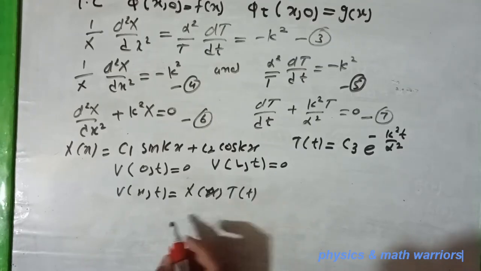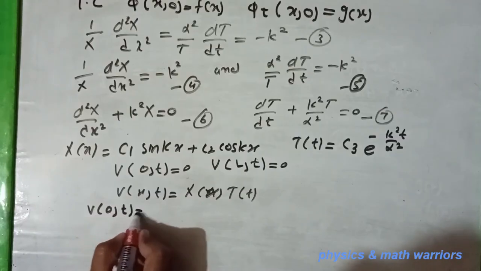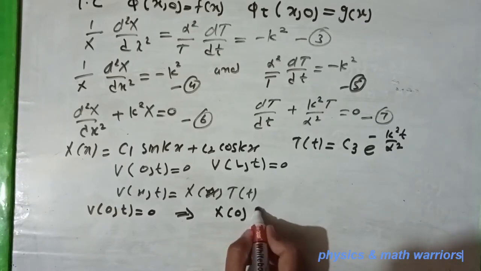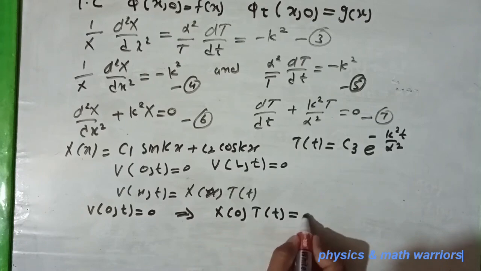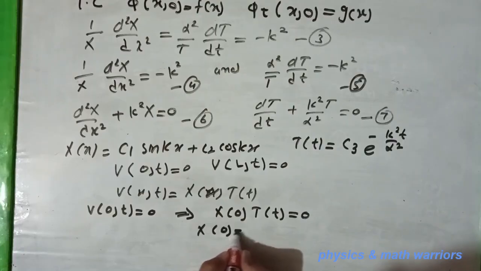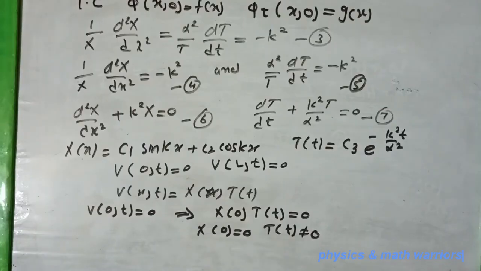First condition, v of 0 and t is equal to 0, implies X of 0 T of t is equal to 0. X of 0 is equal to 0 and T of t is not equal to 0.